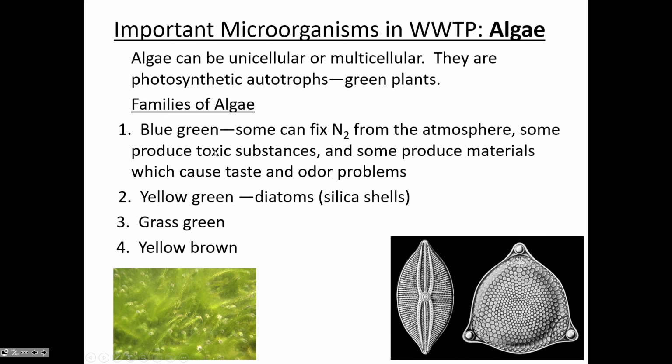So we don't really have to worry about blue-green algae in a wastewater treatment plant, but it's something to be aware of. There can be some algae that are diatoms, really small individual cells that aren't the long green grassy looking algae you're maybe familiar with. Diatomaceous algae are much smaller.